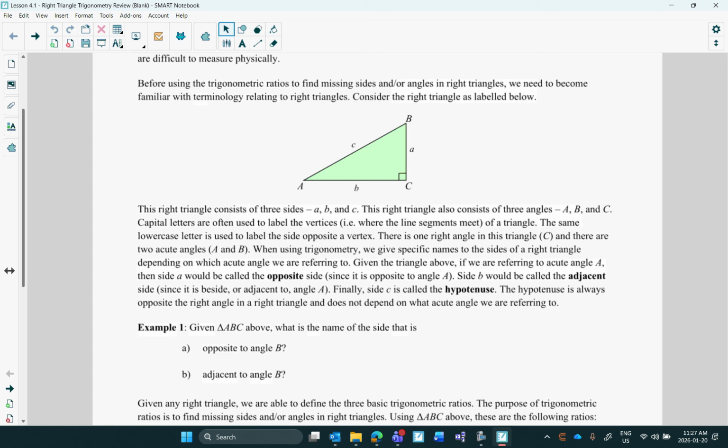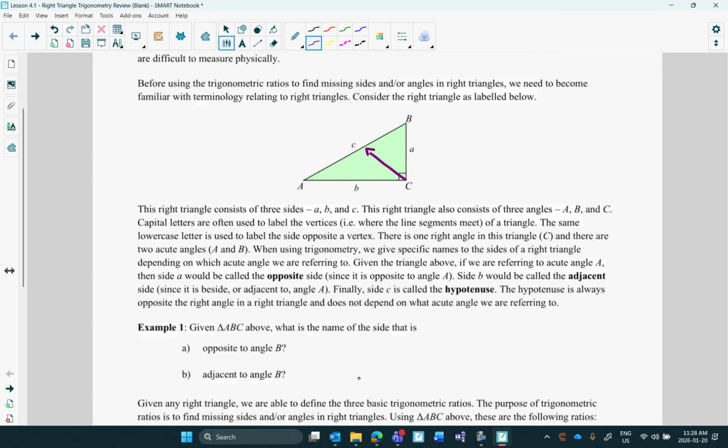Sorry, how do you locate it? Like, where's the hypotenuse here? It's the longest side in the right triangle, but the way to find it is go to the right angle, draw an arrow out from it, and the side that you hit will be the hypotenuse. Okay?